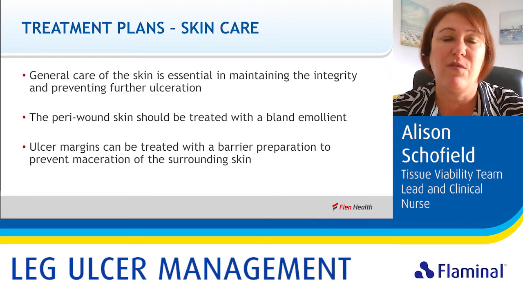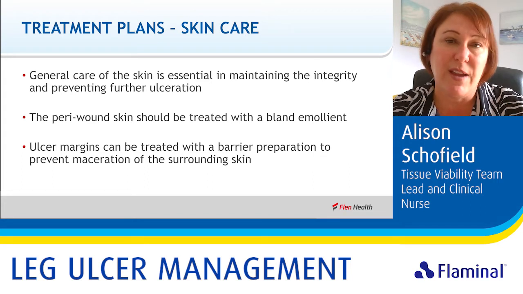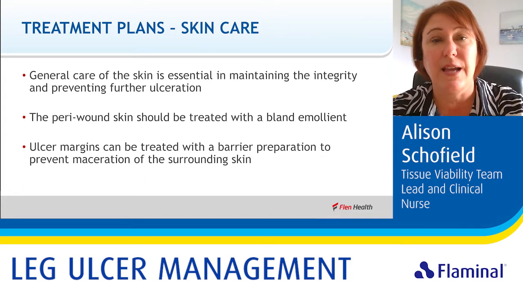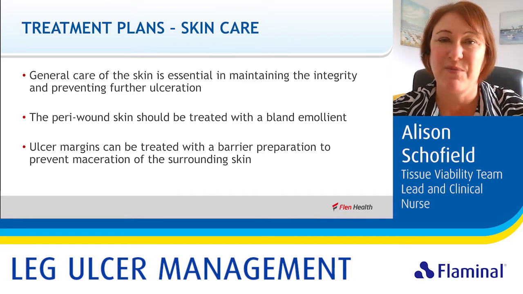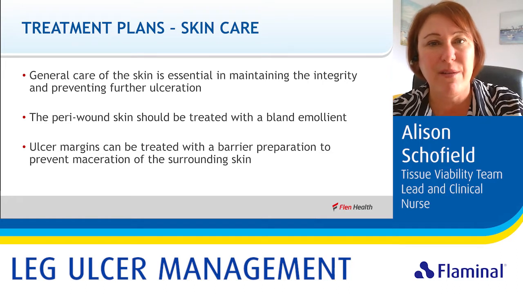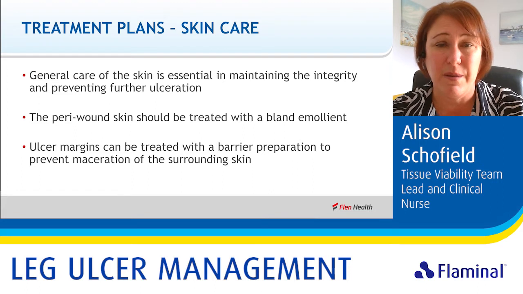So that might come in the form of a spray or a cream, and that will help to prevent it, because it is a type of MASD, moisture associated skin damage, and we are reported on these now as well as pressure ulcers. So peri-wound MASD is a really important thing to be managing.